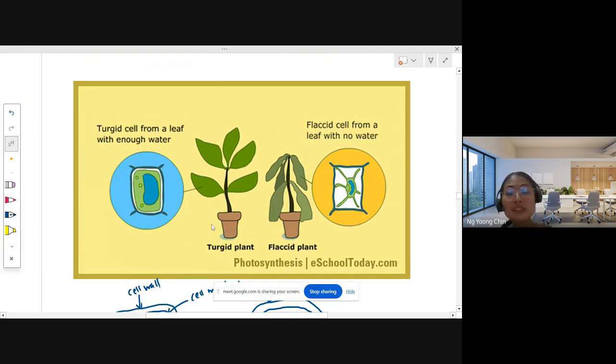If the plant cell has a lot of water absorbed by the vacuole, the vacuole will expand and increase in size, so it becomes a turgid cell. So you can see the plant cell stands upright. It's very fresh and it stands upright.